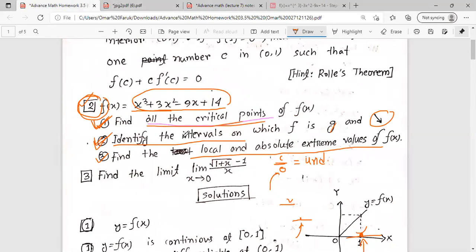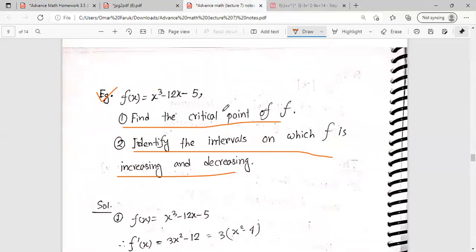Find the critical points, identify the intervals where the function is increasing and decreasing, and find the local and absolute extreme values. So this is critical point, increasing, decreasing. See, the same thing I just discussed previously.